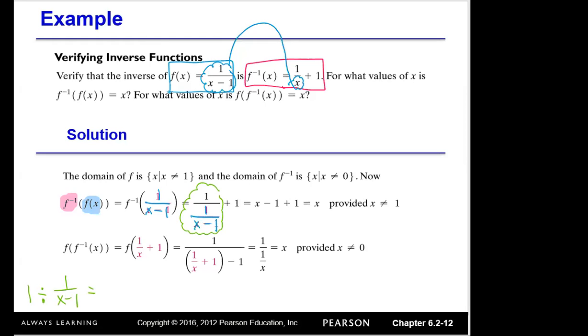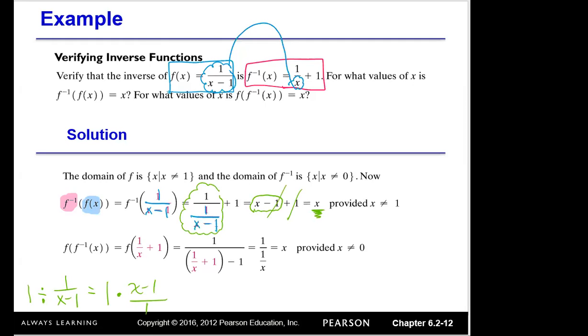And then by fraction laws, when you divide, you change it from dividing to multiplying by the reciprocal. And 1 times x minus 1 over 1 is just x minus 1. So instead of that ugly fraction plus 1, we get x minus 1 plus 1. And then the 1's cancel out, and ta-da, you're left with x.